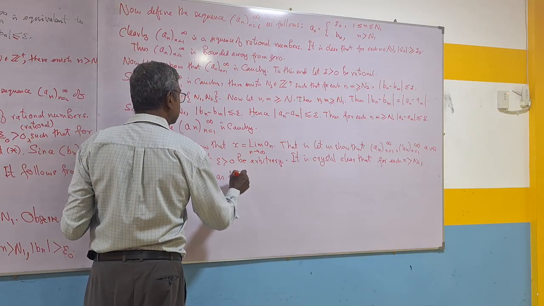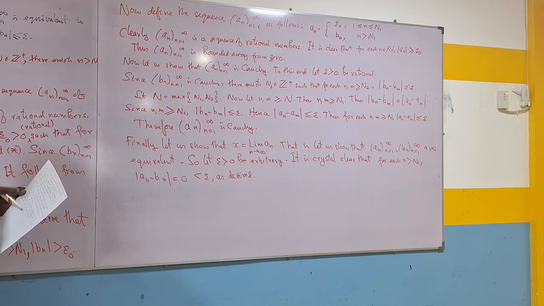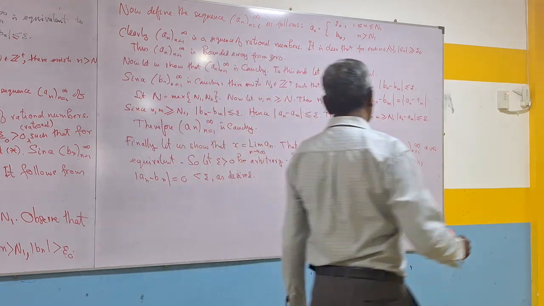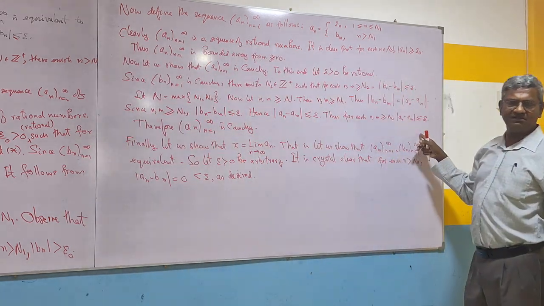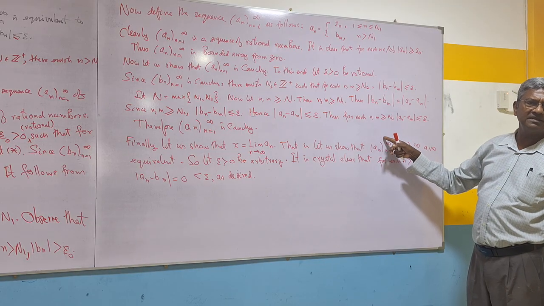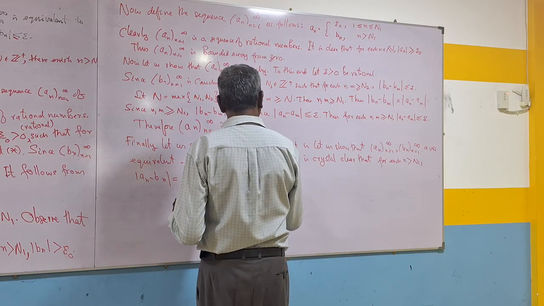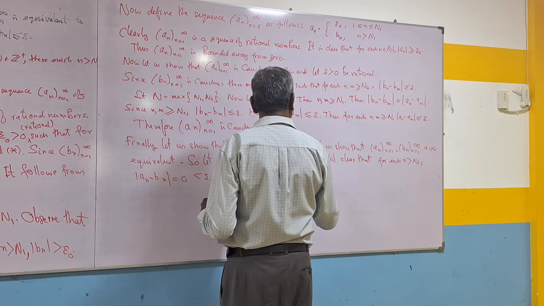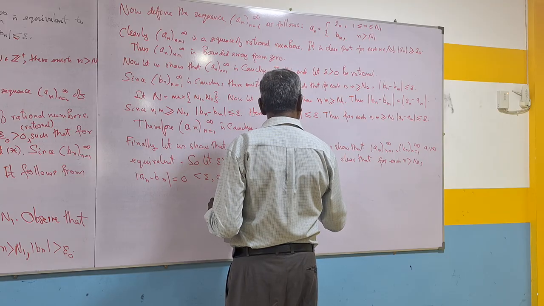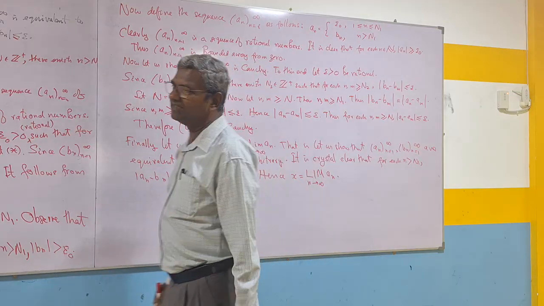As desired — new English words. So that means, because the formal limit of B is equal to x, and they are equivalent, therefore the formal limit of A is equal to x. Thus, hence, x is equal to the formal limit of A. That is the proof.